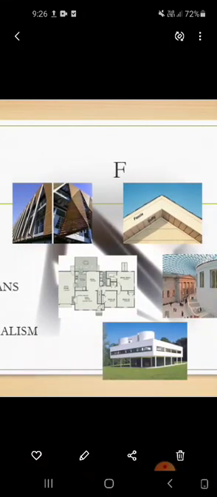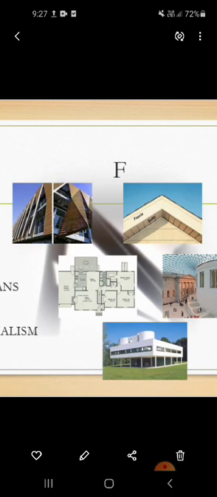This is a design principle associated with 20th century modern architecture that says the shape of a building should be predicated upon its intended purpose. Every form we make in architecture should have a function of its own. So that's functionalism.